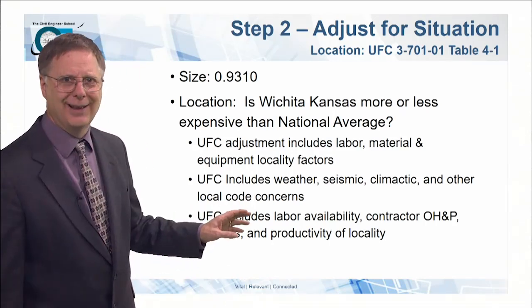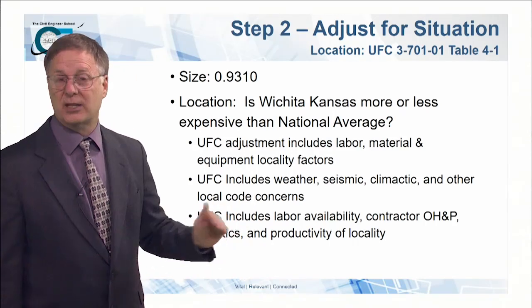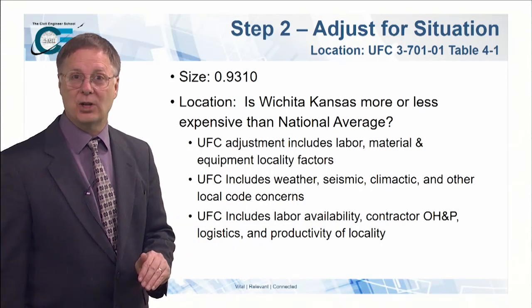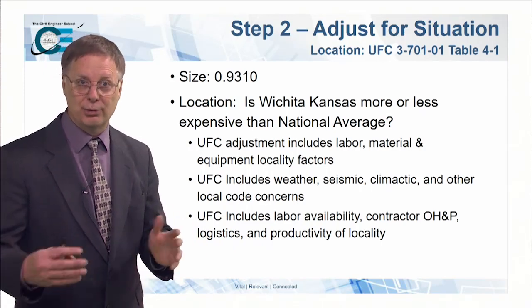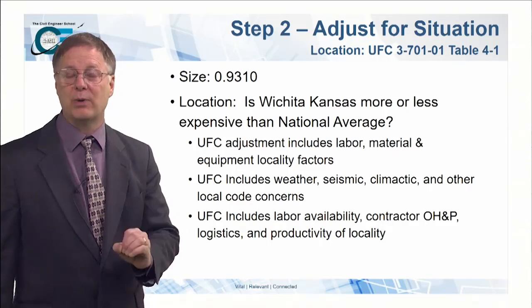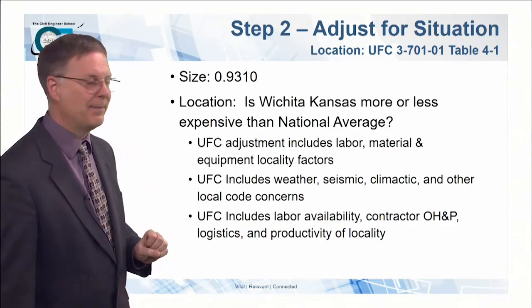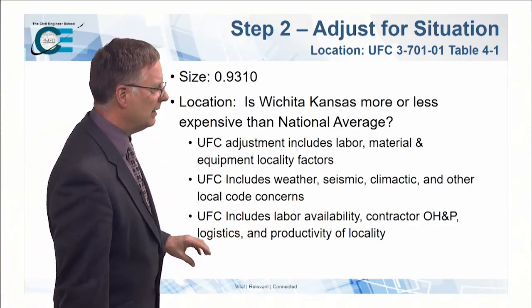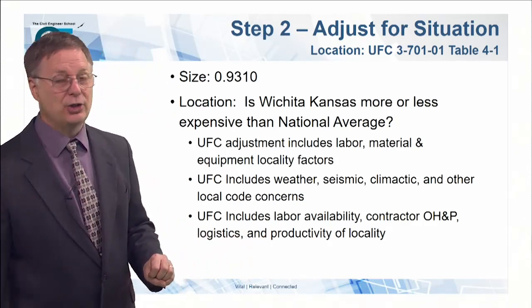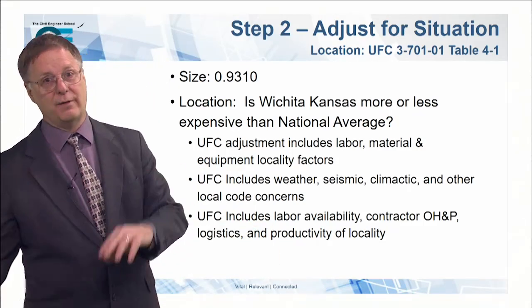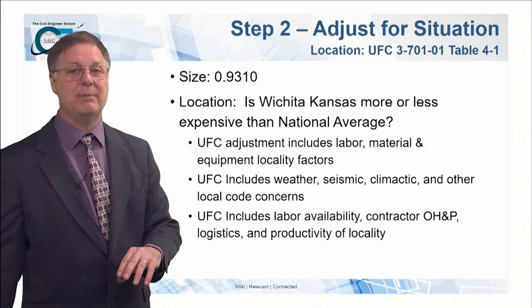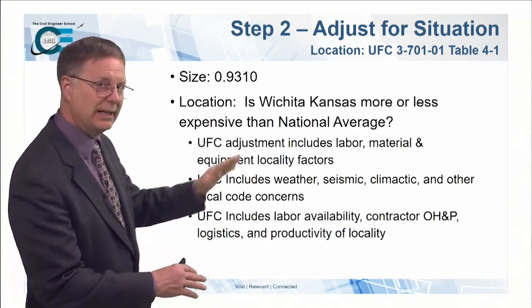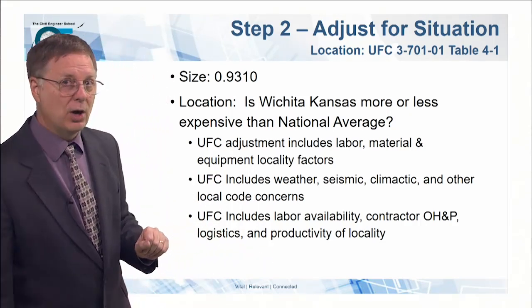Yeah, they do. They're based upon real costs, by the way, from your area for the last 3 years. So those UFC costs are representative of your area costs. And they do consider availability, the productivity, the fact that you don't have skilled labor, or the fact that you may have to have different types of means and methods.